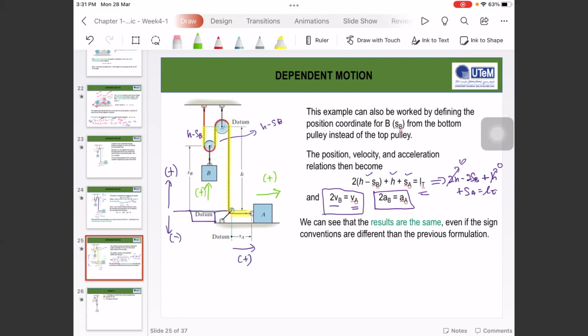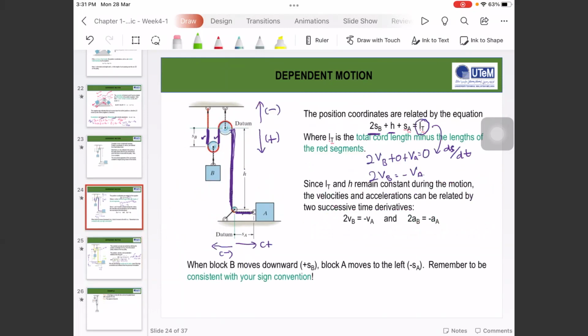So that's why you get 2 positif lah, right? Soalan sebelum ni, contoh sebelum ni, you get negative. Sebab apa? When A move to the right, positif, B ni dia akan naik ke atas.